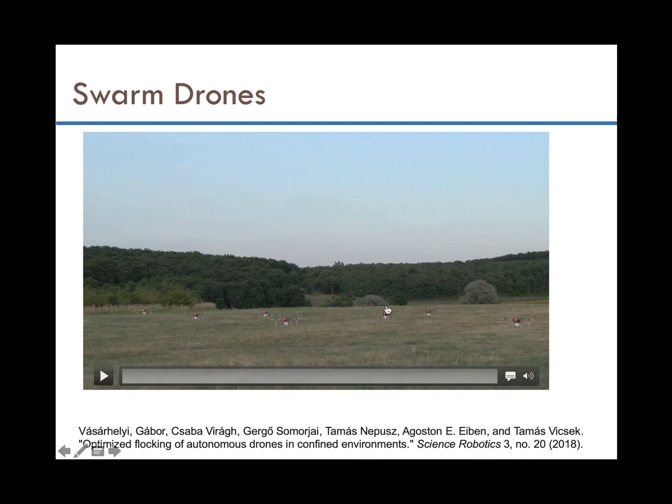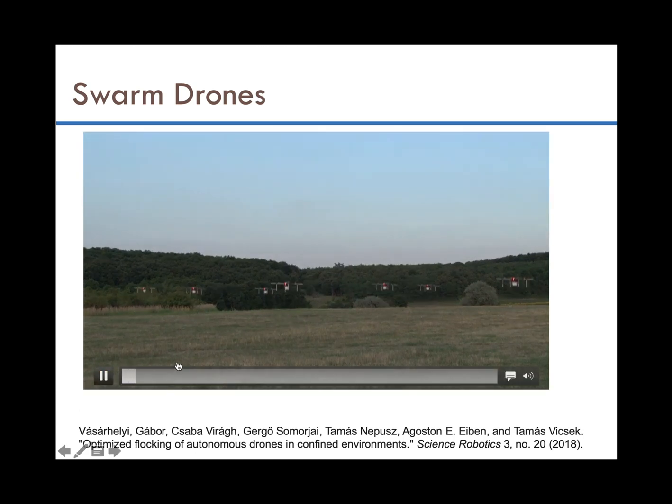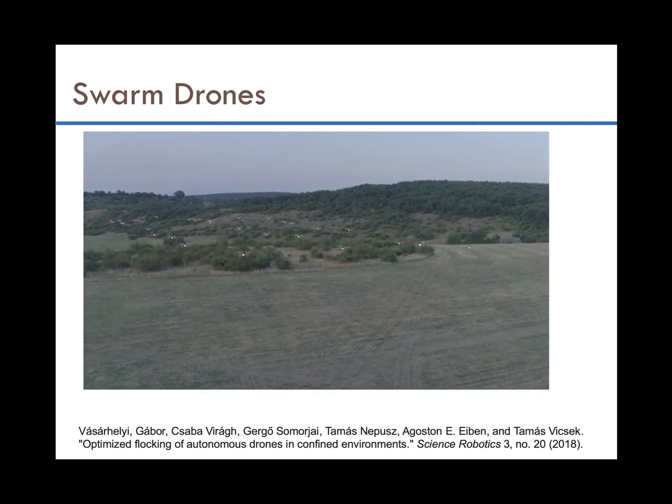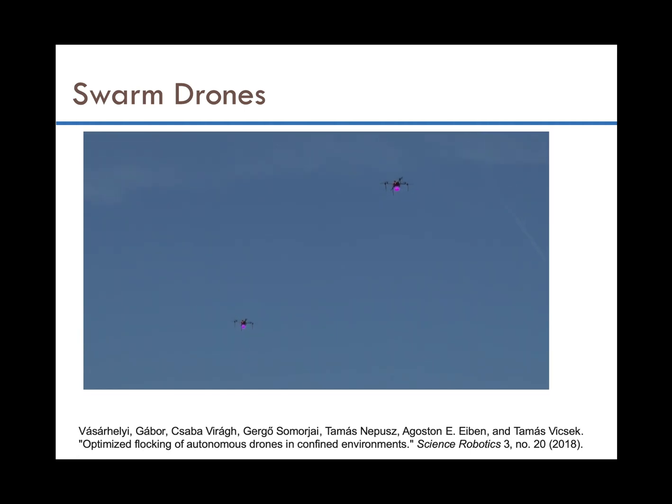The algorithm was developed by researchers from Hungary, Netherlands and Norway. In this video, a group of drones fly together without colliding with each other. The flight is fully autonomous, nobody is controlling them, there is no central control, all the drones have the same configuration, and they fly together maintaining a certain distance.